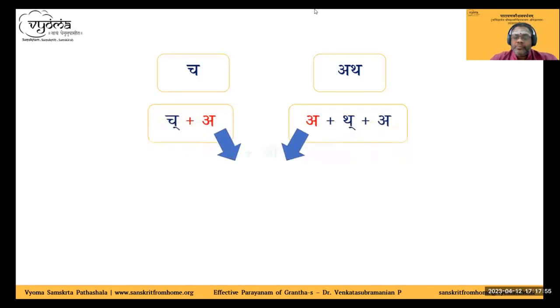So this A and A, they are the same letters, but there is a change in the letter now, some change. The change is in the prayatna. Instead of a hrasva, it becomes dirgha, and A will become Aa. So finally it becomes Chatha.